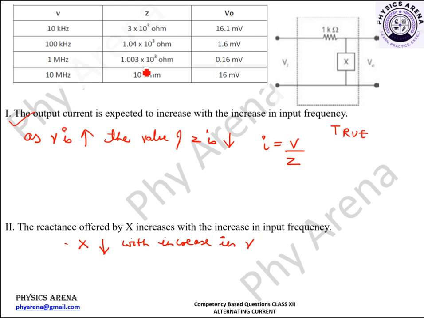And we can say this from the data because Z is decreasing as frequency nu increases. So that's why this statement is false. Because the reactance offered by X is decreasing with increase in input frequency, but it says that it is increasing.